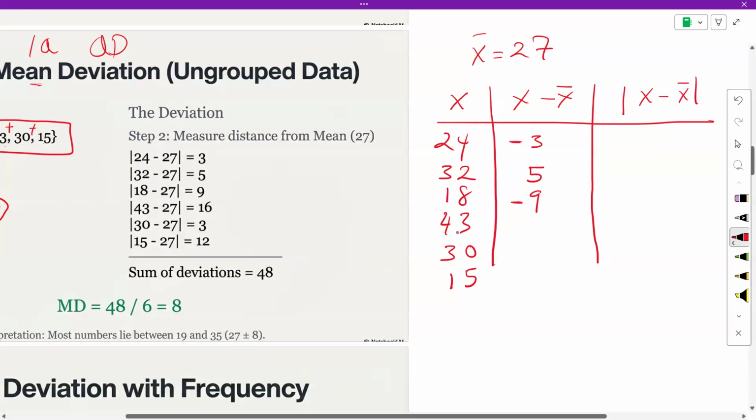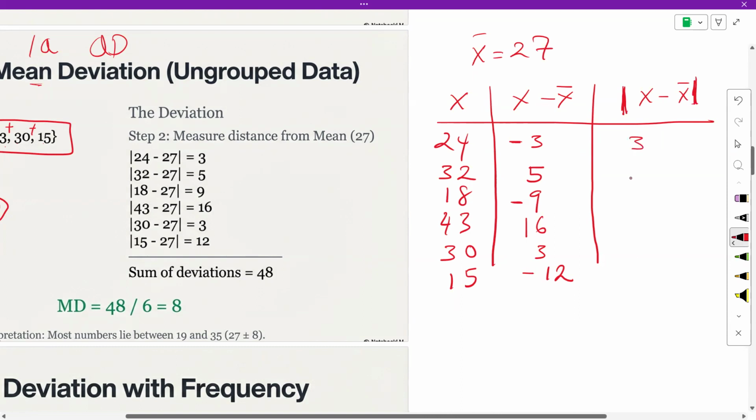And 43 minus 27, 16, it's positive. And 30 minus 27, 3 plus. And 15 minus 27, minus 12. But here we take the absolute of these values.